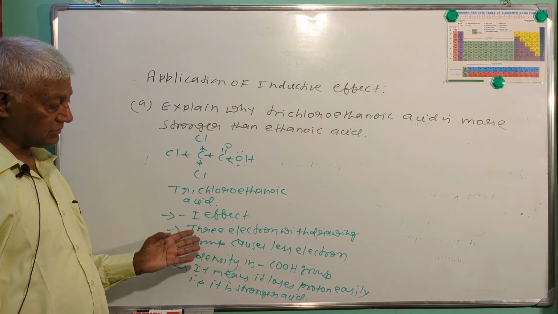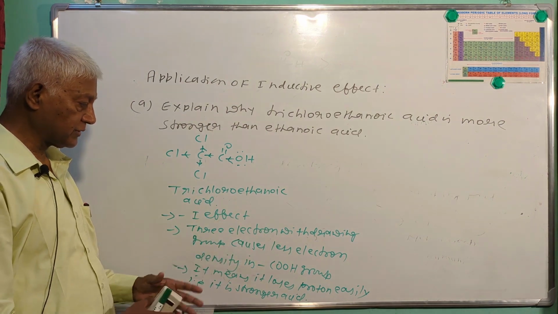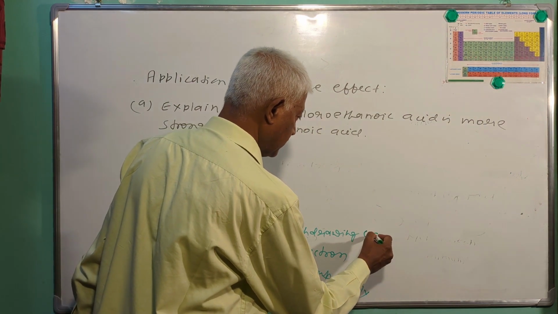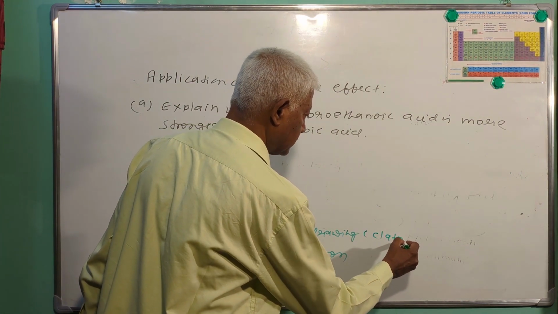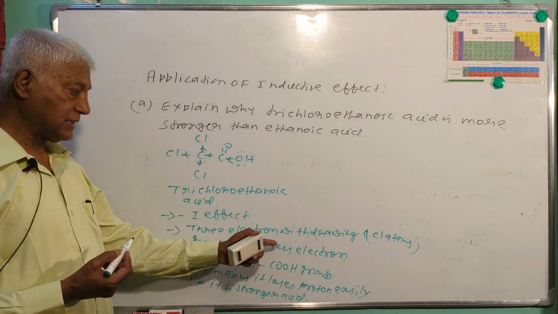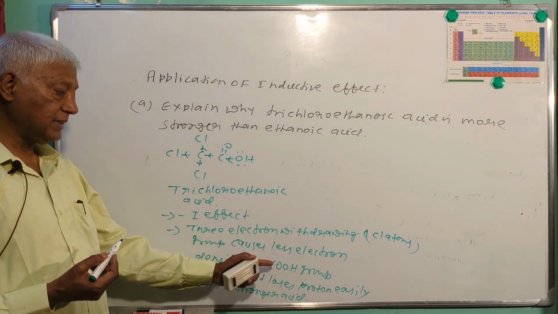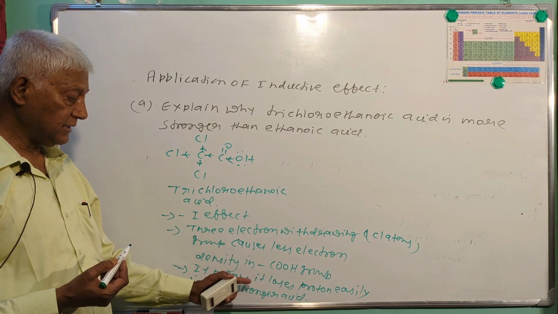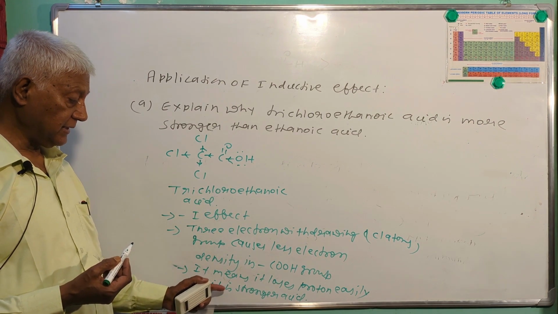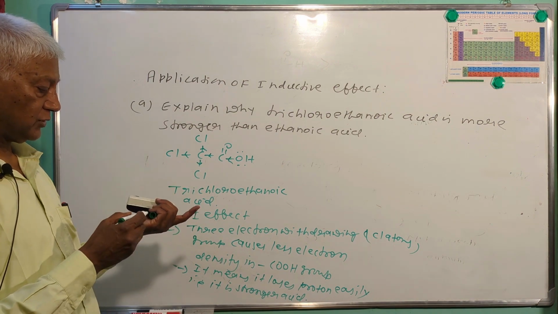Due to the presence of three electron withdrawing chlorine atoms, there is less electron density in the acid group. It means it loses the proton easily, so we can say it is a stronger acid.